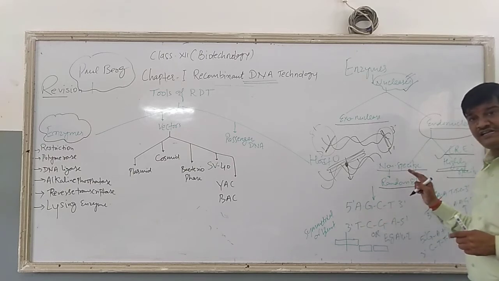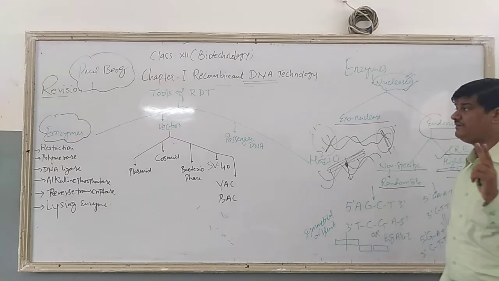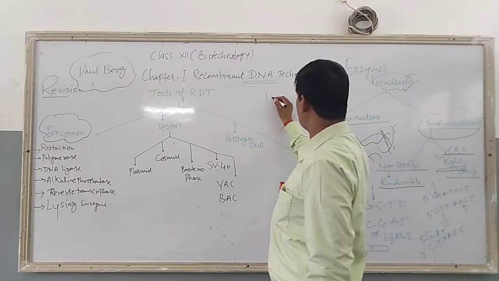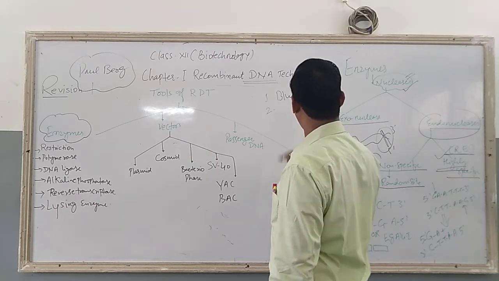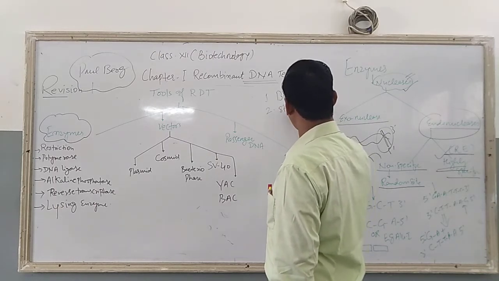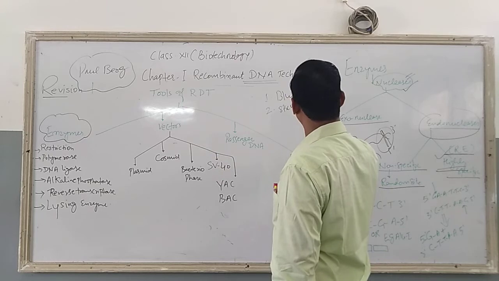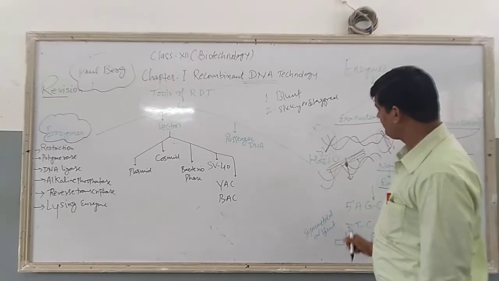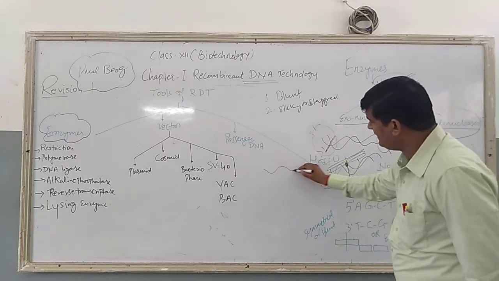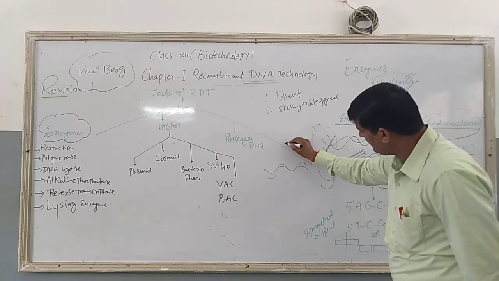restriction enzymes make cuts of two types. One type of cut is known as blunt. The second one is called sticky or staggered. Blunt means the entire DNA is symmetrically cut.